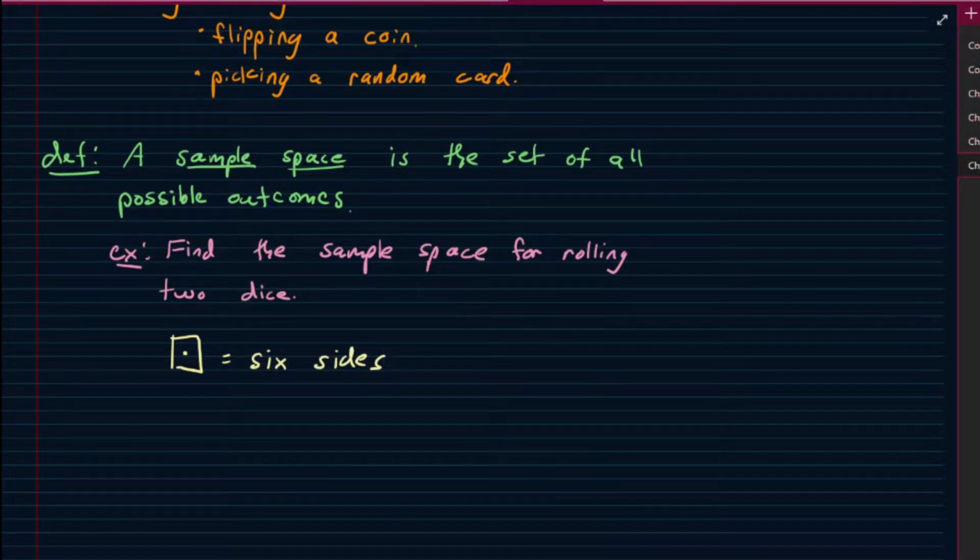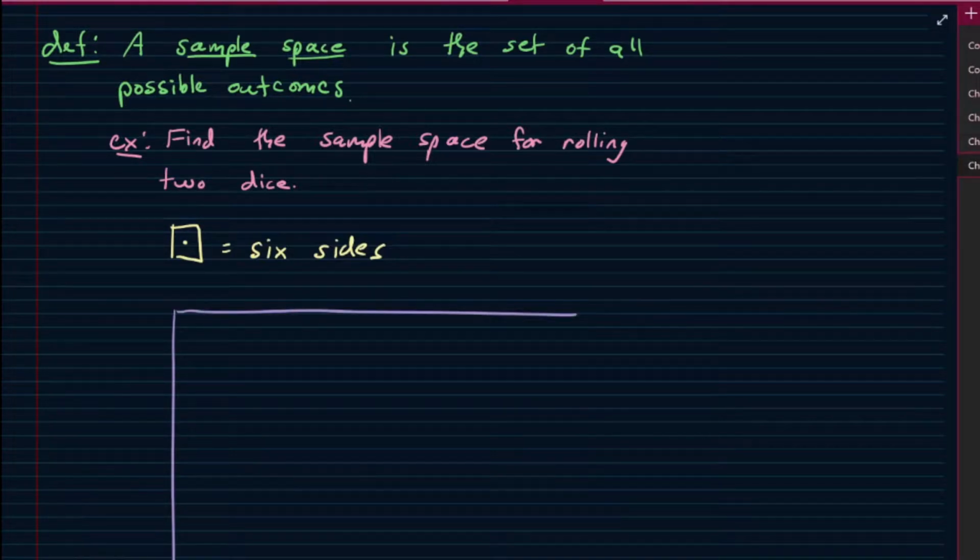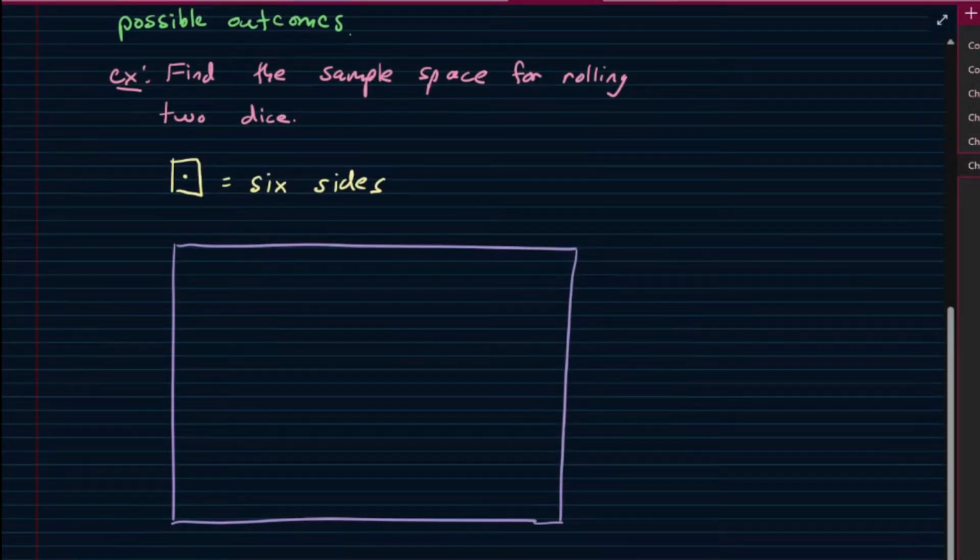A good way to think about sample spaces when two things are happening, in a kind of compound event, which is what's going on here because you roll not one die, but two, is to make a table of outcomes. Unless, of course, there's a very large amount of outcomes, in which case you won't want to list them all. You'll want some other way of figuring out how many ways there are. But here we're just looking for the sample space.